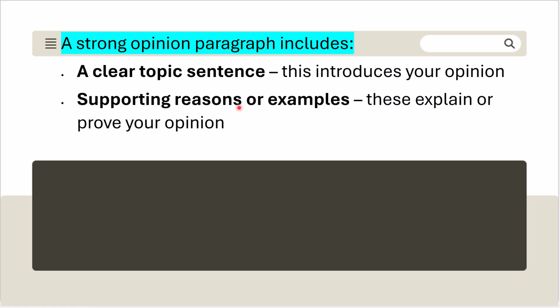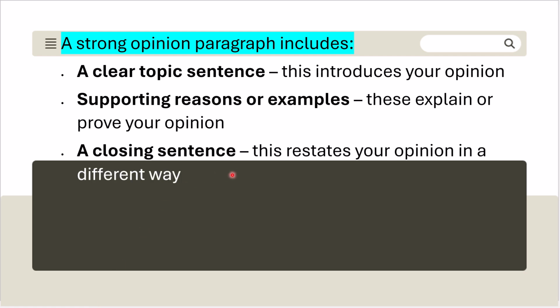These explain or prove your opinion, so you must have certain points and reasons to support it. Next, a closing sentence. You should have a closing sentence to give your opinion paragraph a powerful ending. This restates your opinion in a different way.